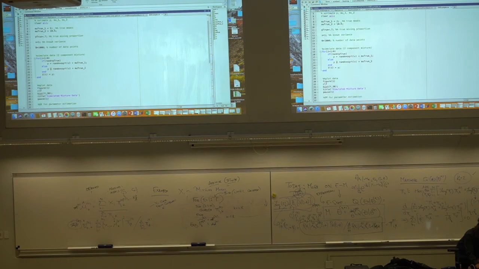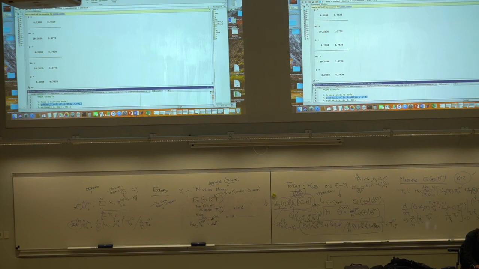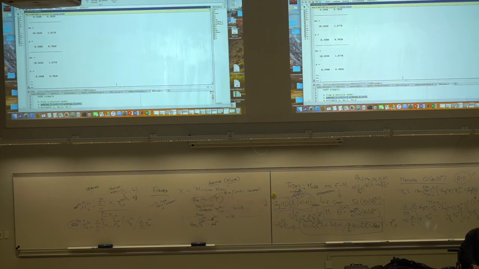Okay, we can plug in some truths right here so you can play around with this. I've already put it in here. Mu1 is 2, mu2 is 10.5. My variance is 1 in all of this, and my probability, pi 1, is 0.7. So pi 2 is 0.3. I'm going to run this thing.